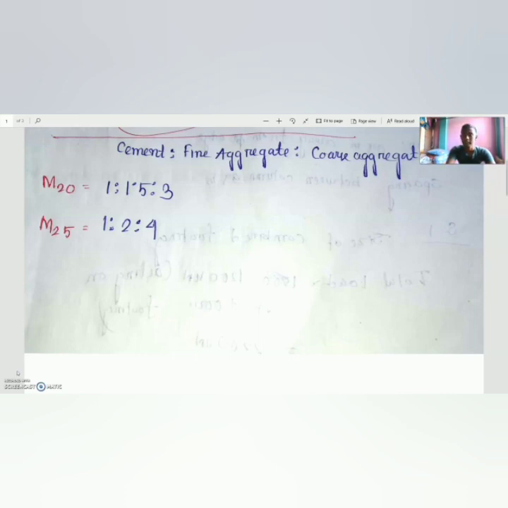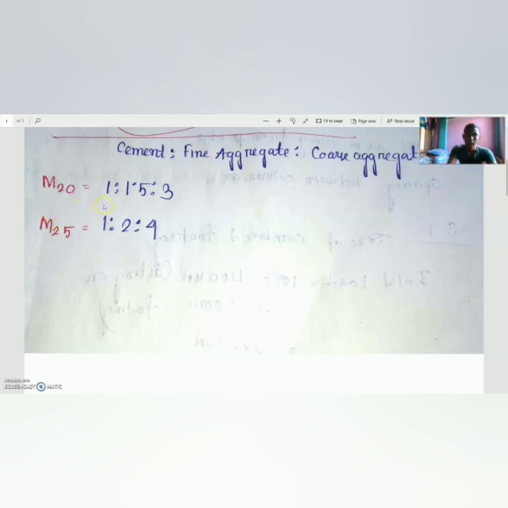Before starting the steel portion, I forgot to mention one thing: the ratio of cement, fine aggregate and coarse aggregate for different grades of concrete. It is very essential when you learn RCC design. Fine aggregate means sand, and coarse aggregate means the stones.